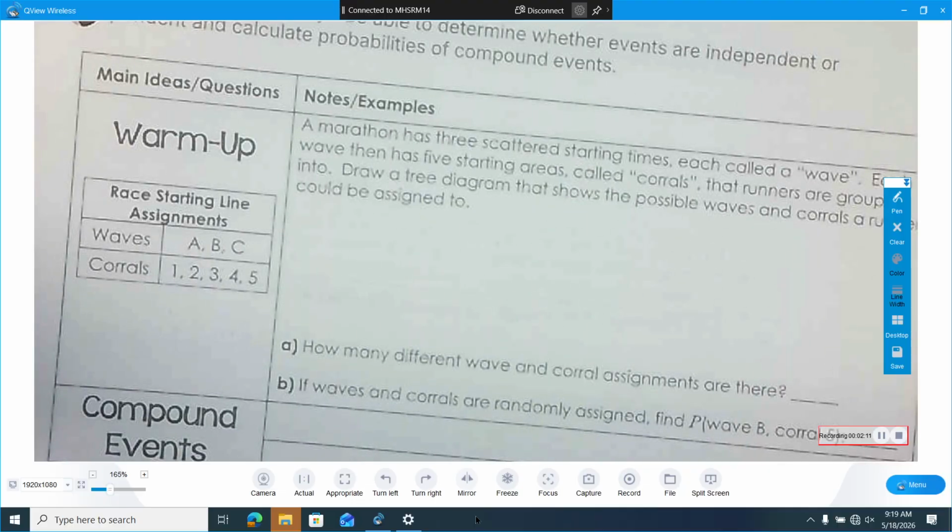So what happened was my initial pull was I had 4 reds out of 15 dice. When I put it back in the cup, my cup is now filled the same exact way as it was the first time, right? Now, if I do it again, I have that same starting amount, same starting reds. It's an independent event because everything stayed the same. But when I remove that red winner, now I've changed what's in the cup.